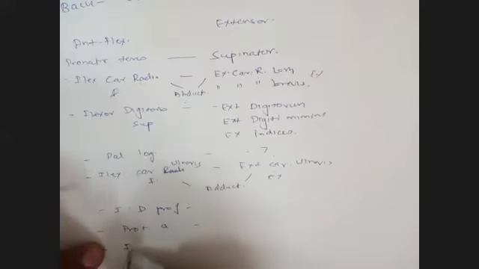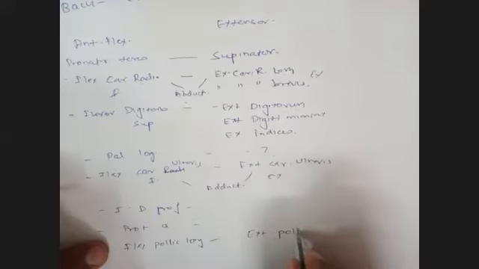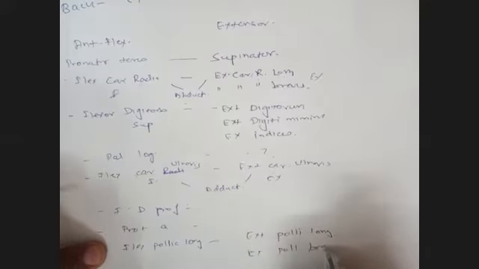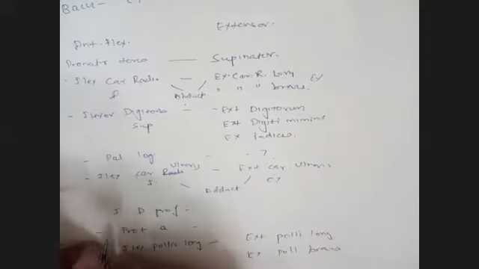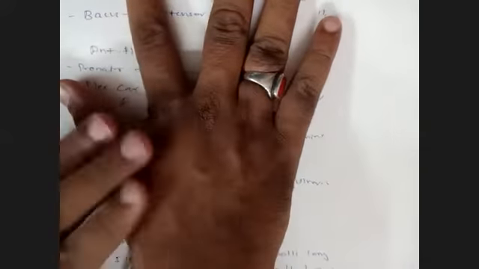Then flexor pollicis longus. Here will be extensor pollicis longus, and along with extensor pollicis longus, there will be extensor pollicis brevis. Why extensor pollicis brevis? Because flexor pollicis brevis was in the hand, among the intrinsic muscles. While on the back side of the forearm, there are no intrinsic muscles.